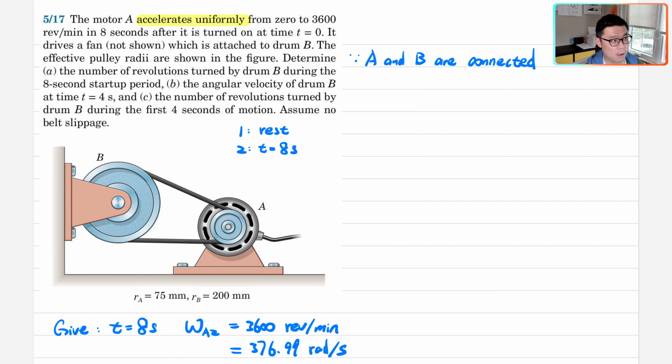Hopefully you can figure it out now. If A and B are connected, that means the velocity is going to be the same, because how much the belt goes is how much A goes and how much B goes. They are connected with the same belt without slipping. So the tangential velocity is the same.